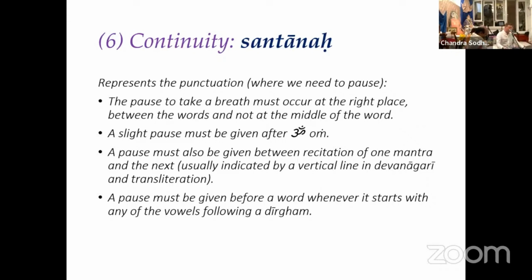After Om, there is a slight pause. There is a pause after one mantra, followed by another. But this is very important, which we implement: a pause must be given before a word whenever it starts with any of the vowels following a dirgham. Meaning you have a dirgham, this horizontal line above the syllable.